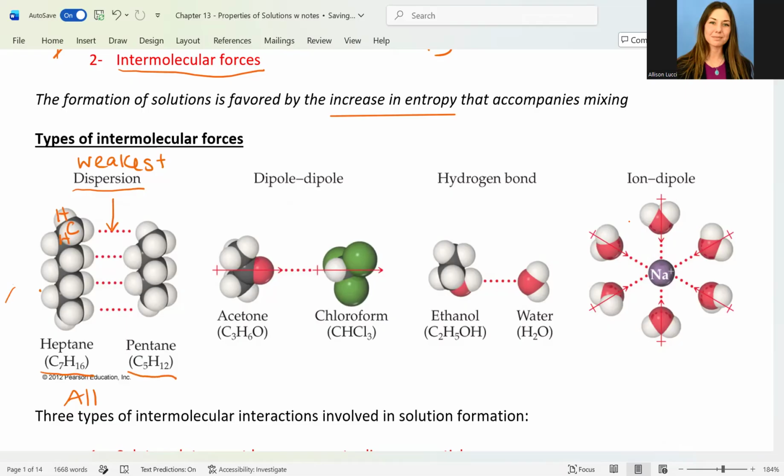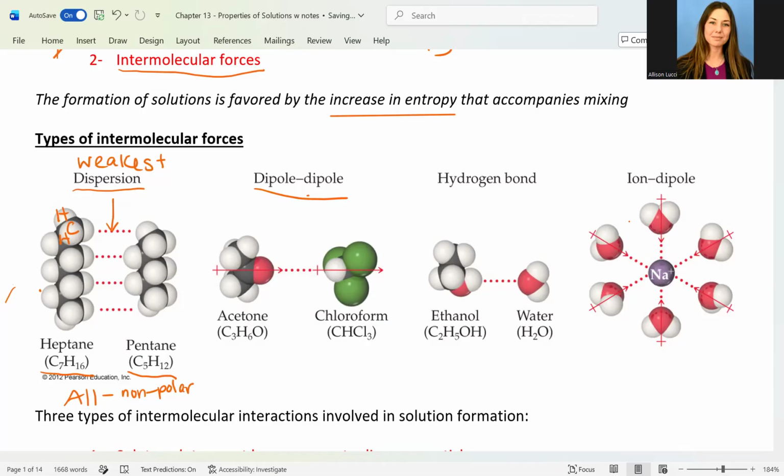Even non-polar bonds, so all molecules, specifically those that are non-polar, will have these dispersion forces, but also the polar types of molecules, such as we see here, that have dipole-dipole interactions, also will have those dispersion forces. So each type of force before that is indicated as we move up in energy. So dipole-dipole interactions will also have dispersion.